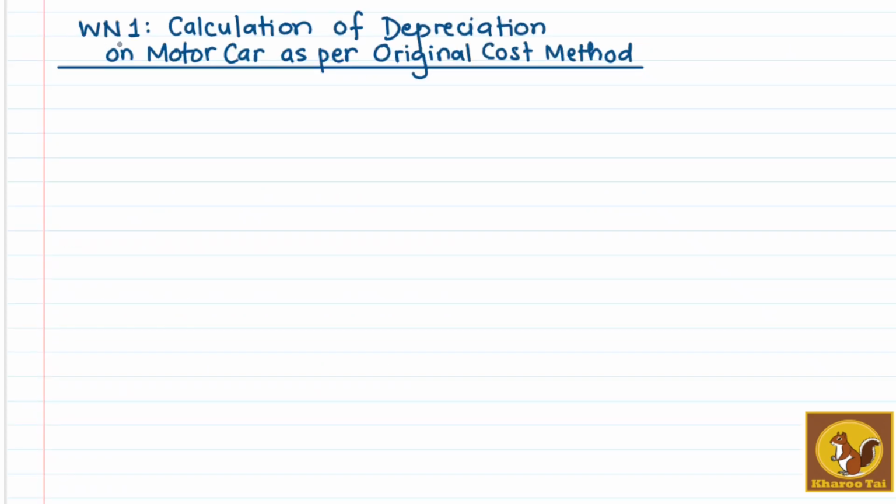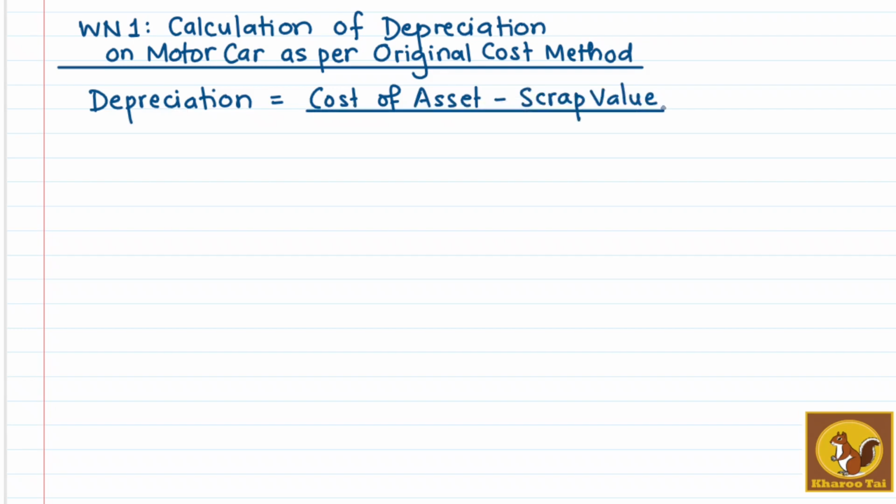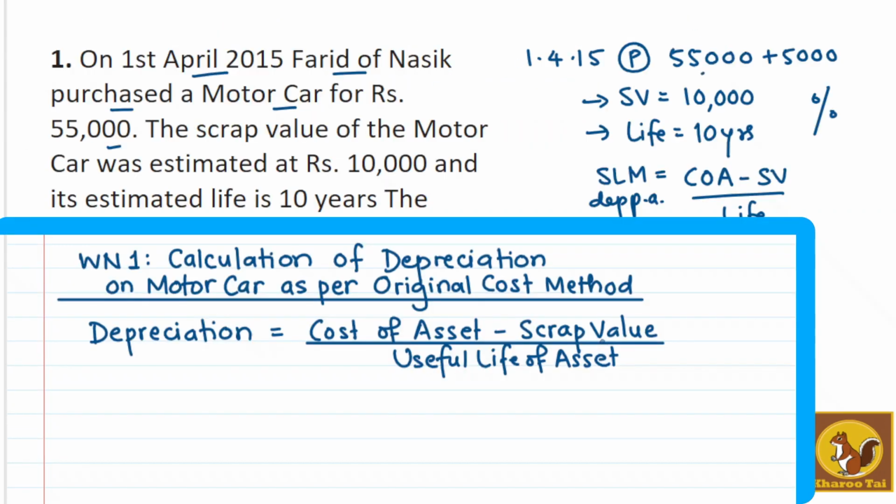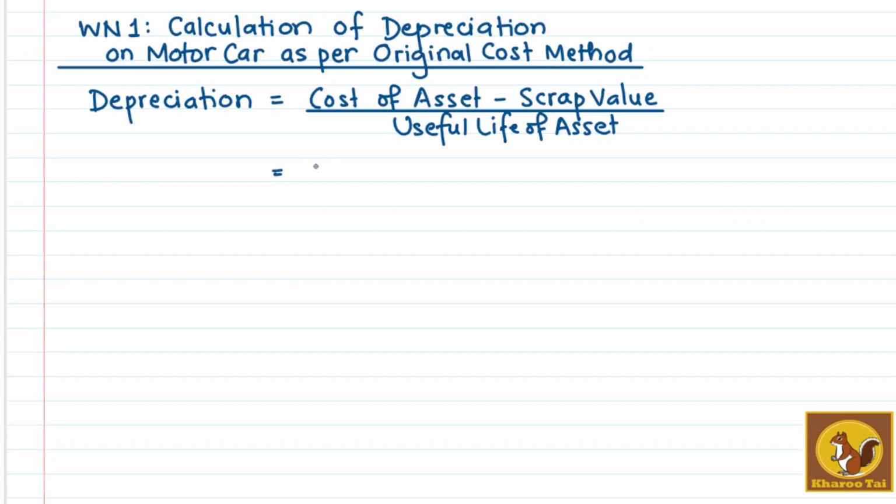We will start with working note 1, calculation of depreciation on motor car as per original cost method. Depreciation formula is equal to cost of asset minus scrap value divided by useful life of asset. What is the cost of asset? 55,000 plus registration charges of 5,000. This will be a total of 60,000, less scrap value.